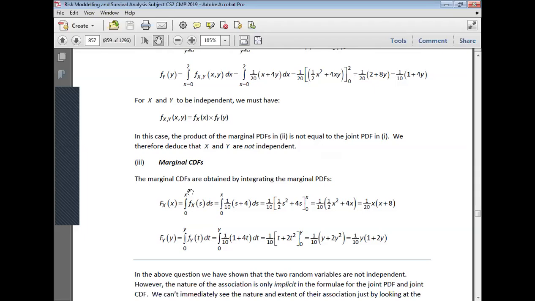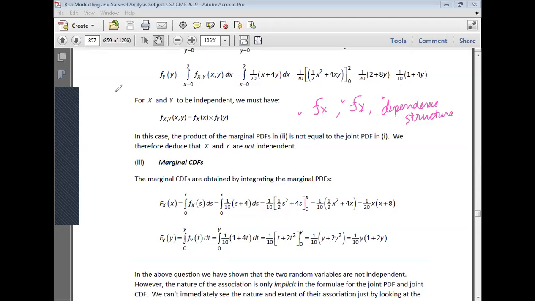Let us say I know small f of x and small f of y, and I know the nature of association, the dependence structure, the way they depend on each other. Can these three help me figure out a joint CDF for these using the method that I have just used?